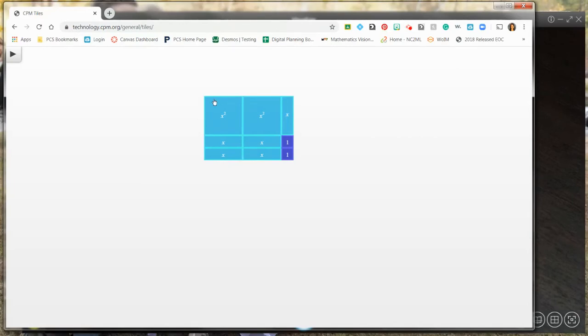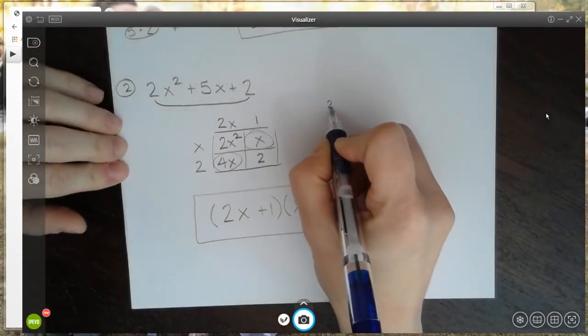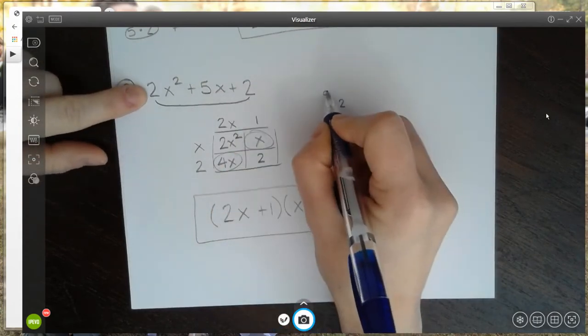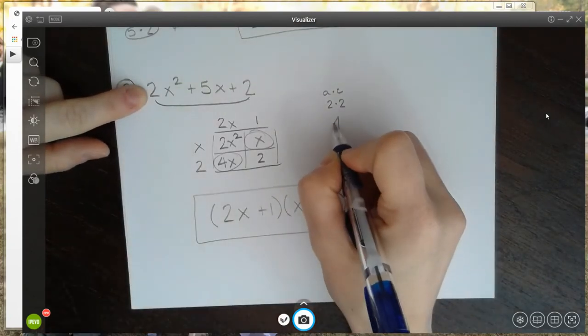This side length here depends on the fact that I have 2 x squareds that I have to deal with. And this length down here depends on the fact that I have 2 single digits that I need to work with. So I'm actually doing 2 times 2, which is my a value times my c value, which gives me 4.